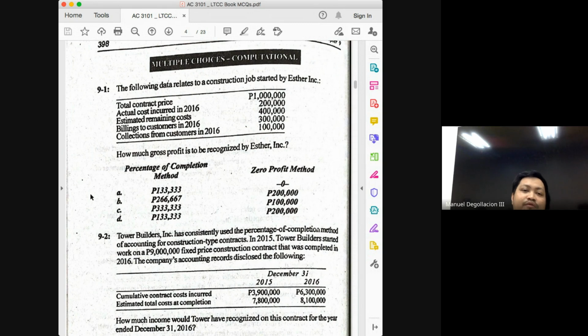This is not yet confusing because we are still in the first year. Whatever we have incurred in 2016 will already be our cost incurred to date. How much have we incurred in 2016? 200,000, and that will already be our CITD, class, your cost incurred to date. So your CITD divided by your cost at completion of 600,000, how much then is your percentage of completion?